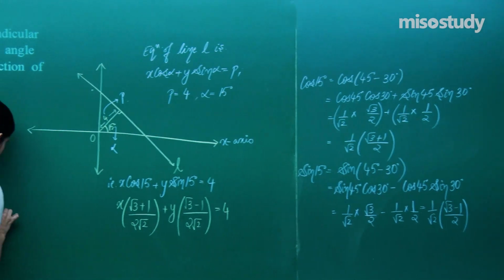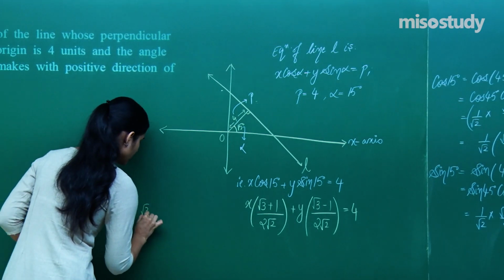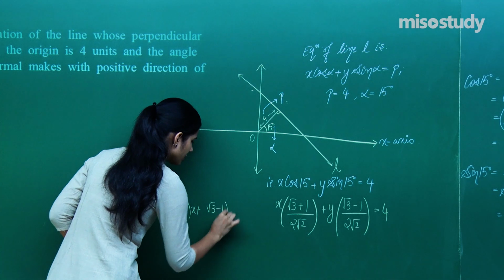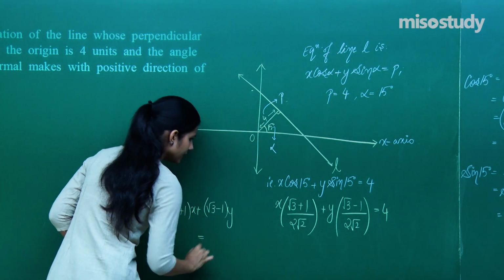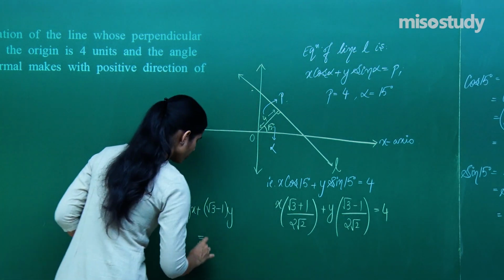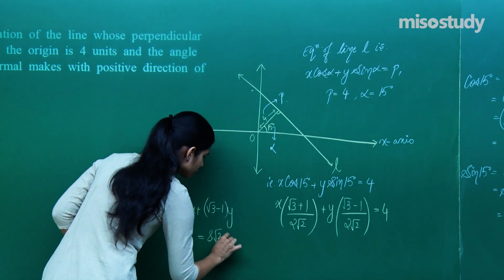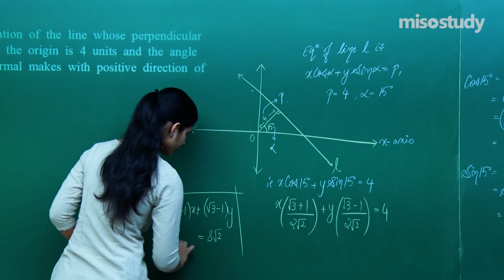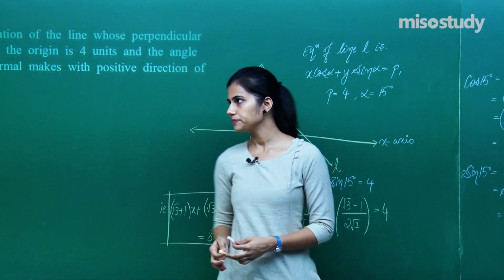As the final answer, root 3 plus 1 times x plus root 3 minus 1 times y is equal to 2 root 2 into 4, that is 8 root 2. This happens to be your final equation for this line.